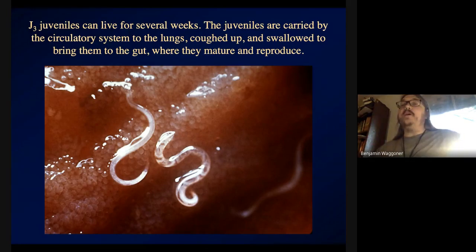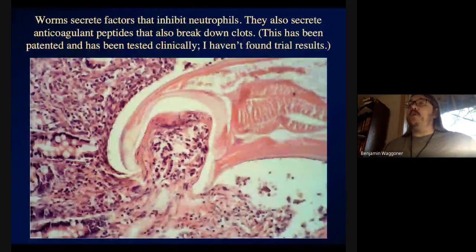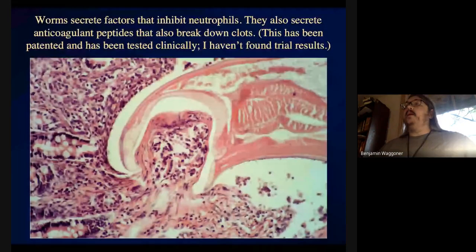So there is a close-up of gut lining with a couple of hookworms. And they'll use that big buccal capsule with the sharp plates to do this. That's a cross-section. To the left is intestinal wall. To the right is the worm.